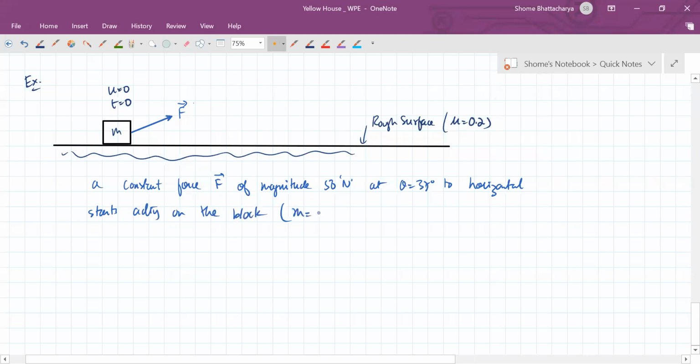Now the mass of the block is suppose 10 kilograms.